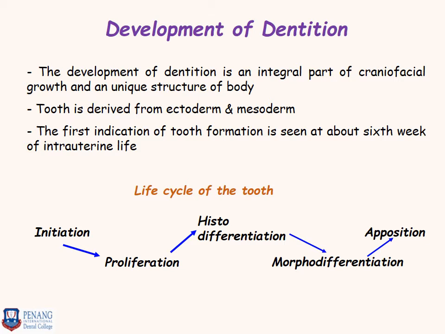So the first formation of teeth starts when the child is already intrauterine. At the 6th week of intrauterine life, the first tooth starts the initiation. The life cycle of the tooth is initiation, then it moves on to proliferation, histodifferentiation, morphodifferentiation, and apposition. This will all be dealt with in your other lectures, so we will not be discussing much about them.